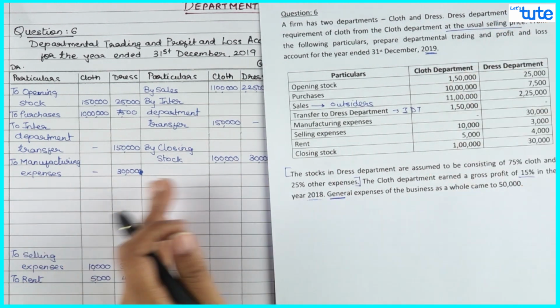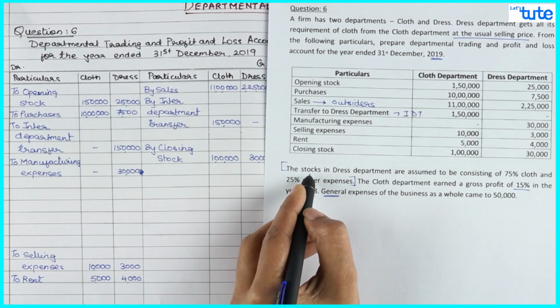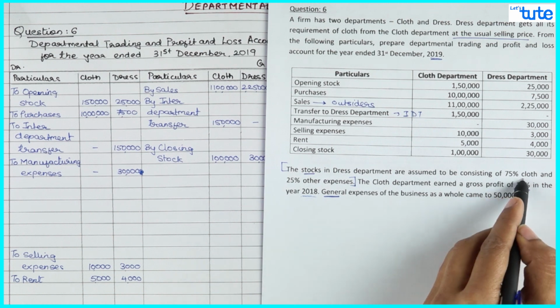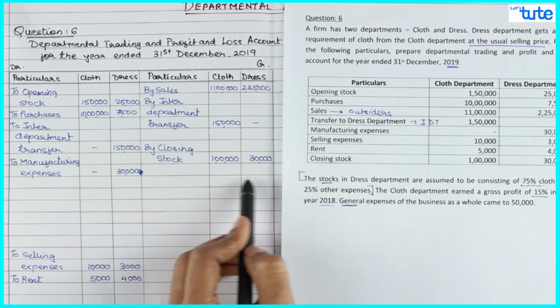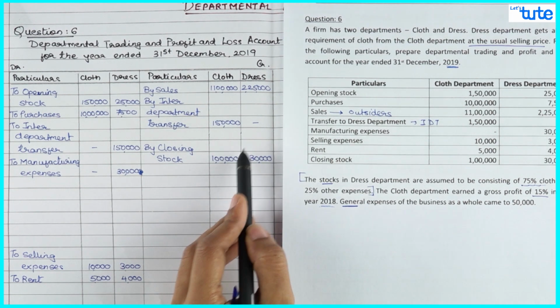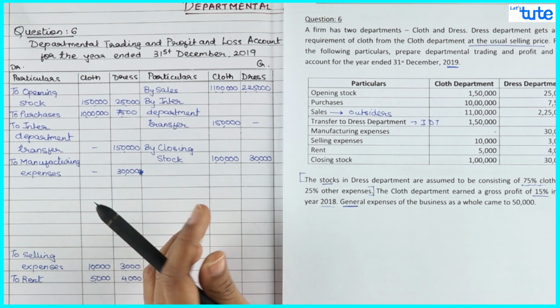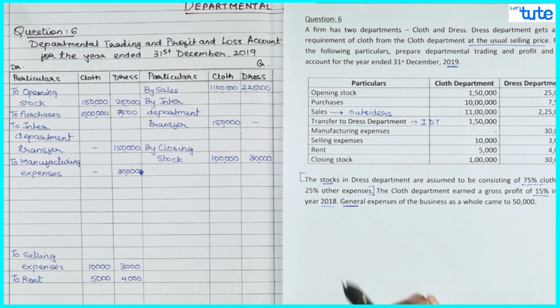Over here the goods are transferred to the dress department at selling price, and it is given that the stock in dress department is assumed to be 75% cloth. So out of the stock in this dress department, 75% would be cloth received from the other department. That is why we need to calculate stock reserve over here. So that we will do afterwards.